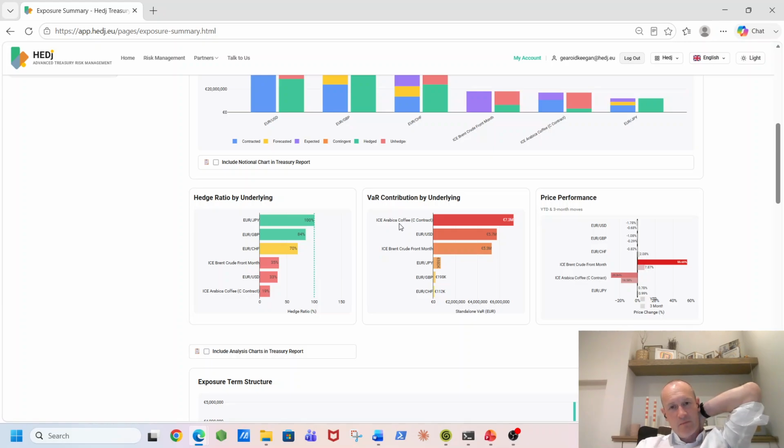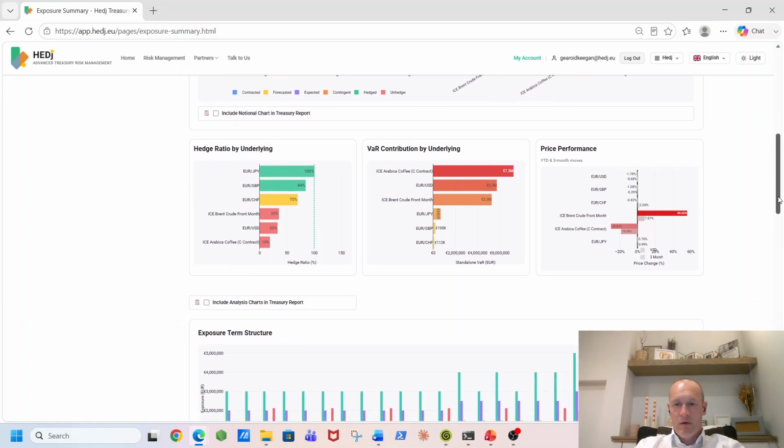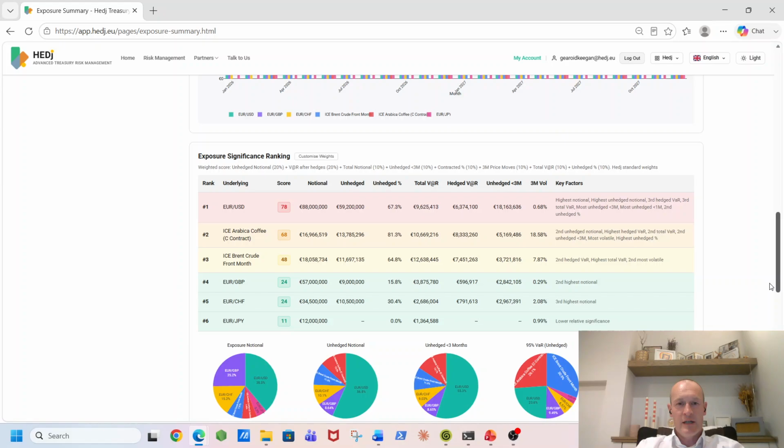It may not be your largest exposure, but more so your most volatile exposure, and also the price performance of each recently. So obviously we've seen huge volatility in crude oil, also in coffee, so they might be the more volatile exposures that are worth paying attention to.